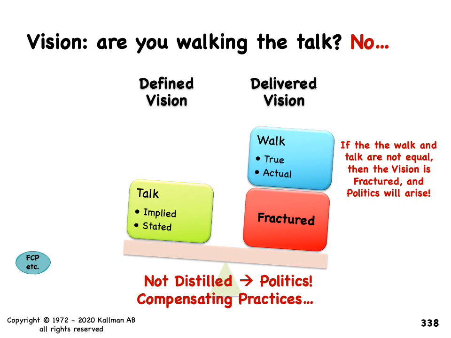Now, this doesn't mean that it's wrong to have divisions in a company, because the finance department is not going to have the same vision as the marketing department, or the same as the operations department. They're all going to have different visions, but they all should link back to the overarching vision of the organization. Nine times out of 10, they're not.